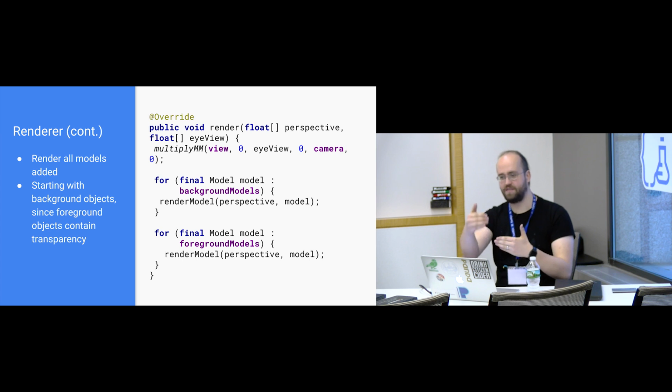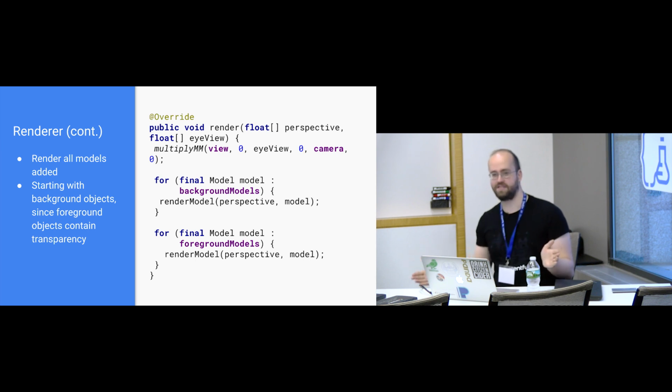So it will never render something behind it, but you need this one because it is transparent. That's why you render everything which is non-transparent first, and then transparent things afterwards.